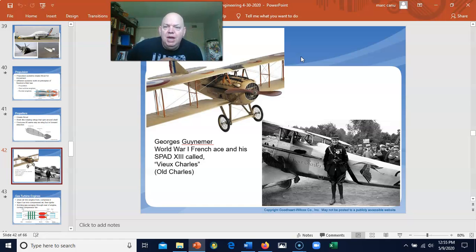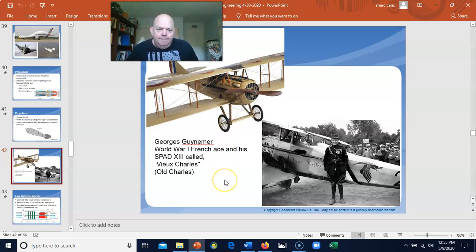The propeller's spinning, they test fired the machine guns, and the propeller was being shot off. Problem. So they had to work the timing of the propeller and the machine guns firing such that when the propeller was not in front of the machine guns, that's when the machine gun could fire.